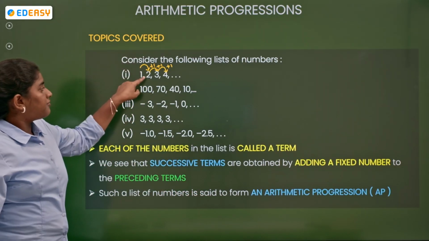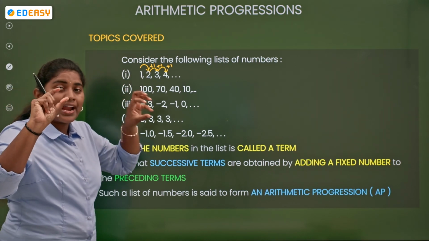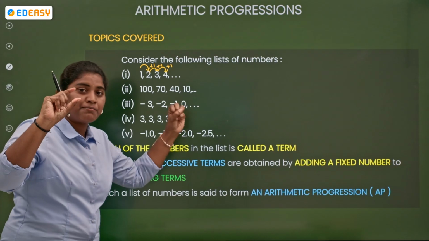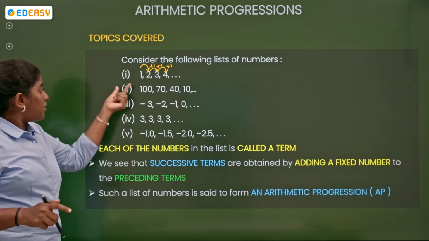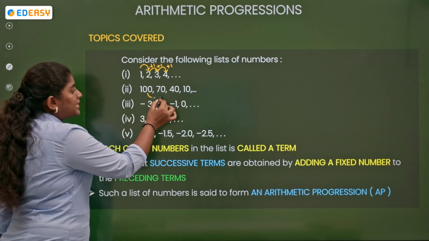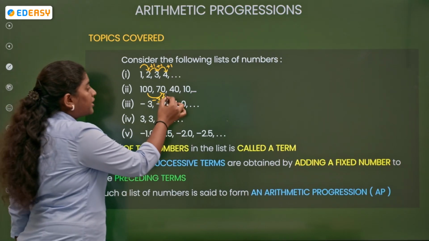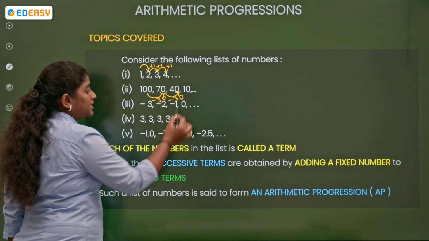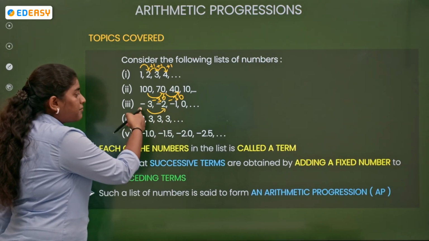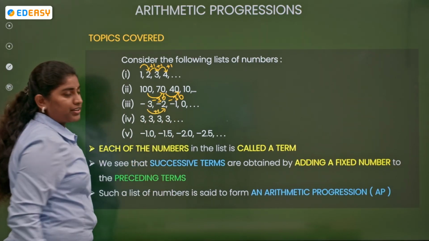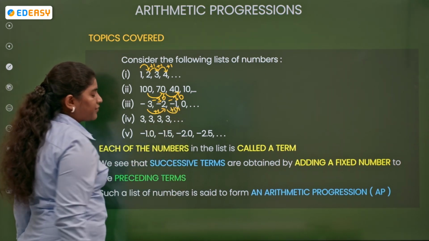It means in order to get the number 2, I am adding 1 to my previous number 1. In the same way, in the second example, in order to get 70, what are we doing? We are doing minus 30. And in order to get 40 from 70, we are again taking minus 30. Next, from minus 3 to minus 2, I am adding plus 1, and from minus 2 to minus 1, it is once again plus 1.